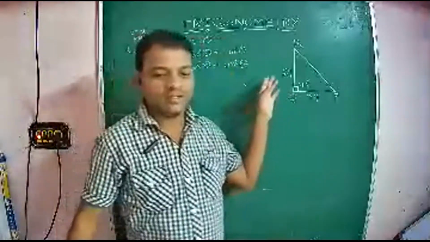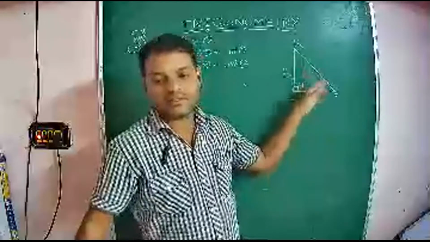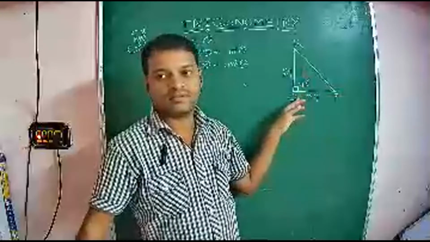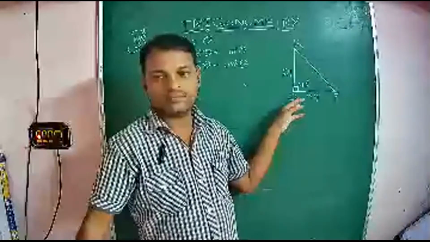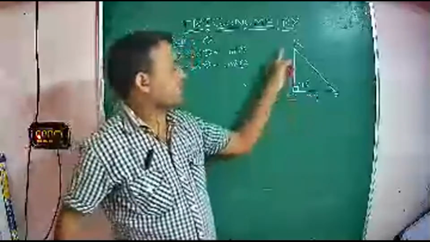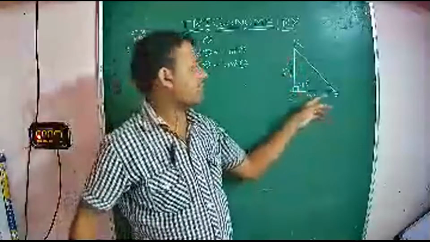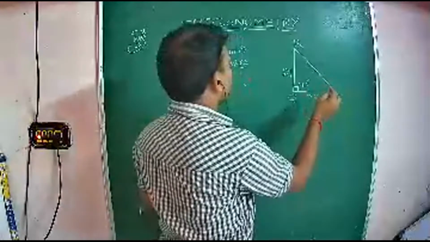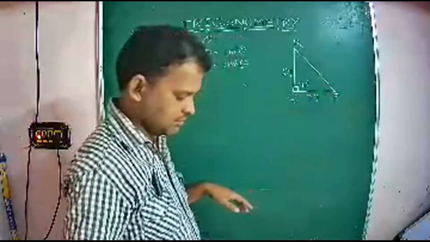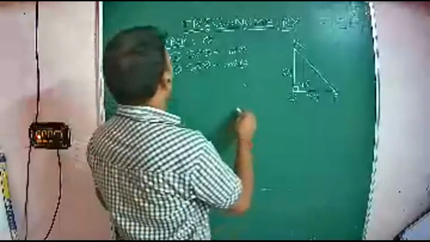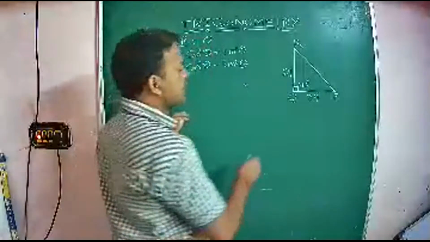According to the question, given in triangle PQR, PQ equal to 29 is given and QR is equal to 21 is given, but here the right angle at R is given.